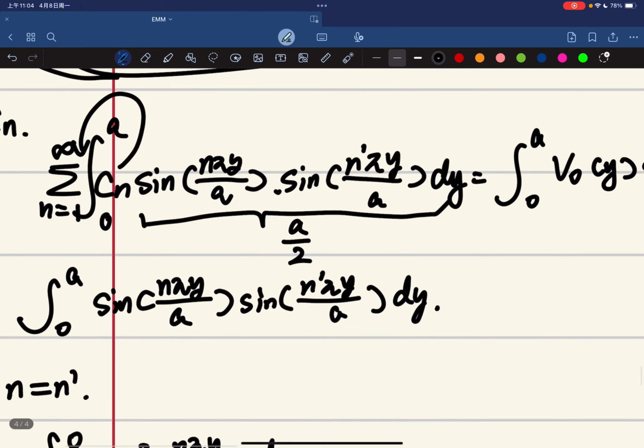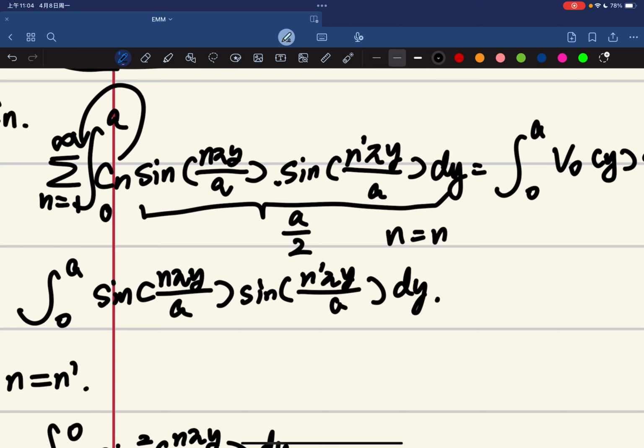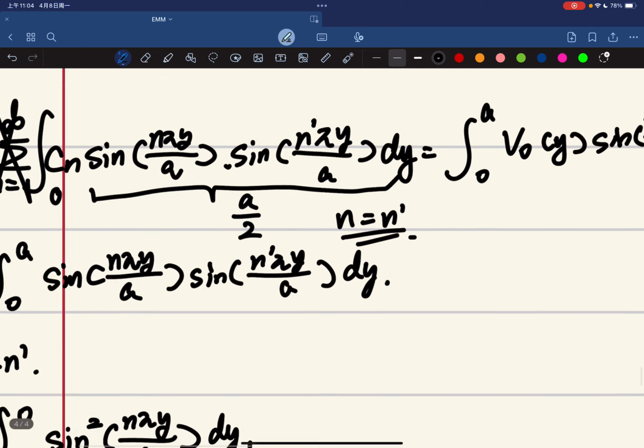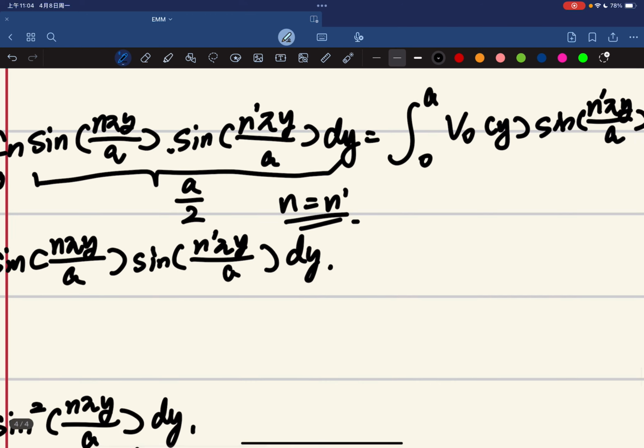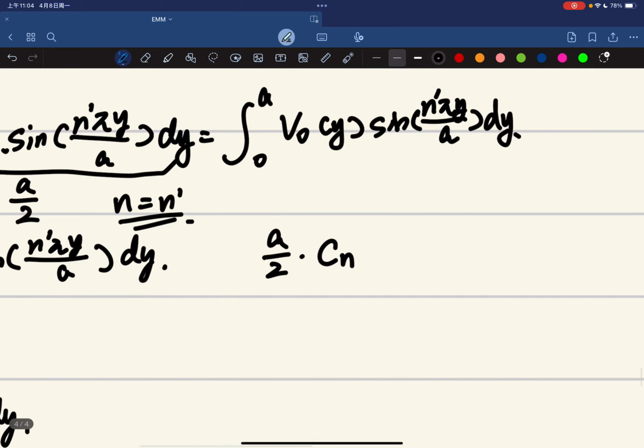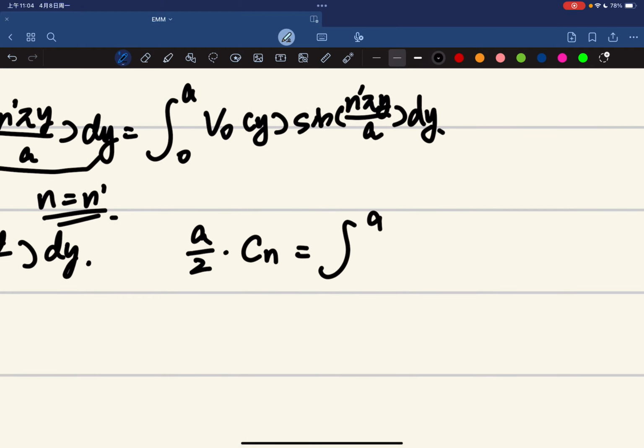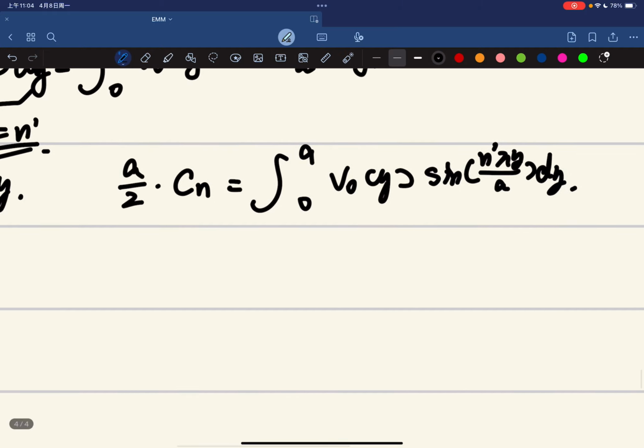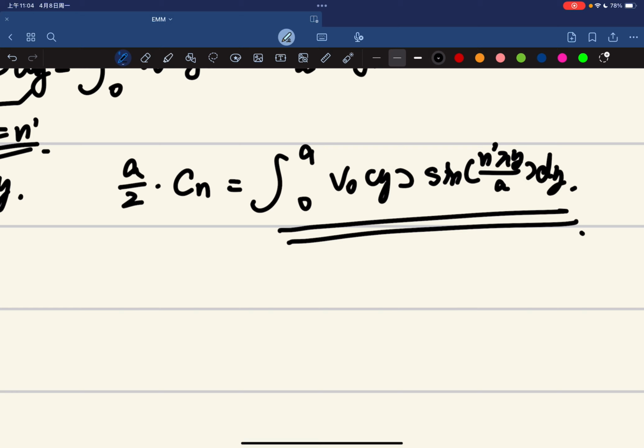Because only one case works, which is n equals n prime. So the summation just goes away. Now we have 2 over a times our Cn equal to the things on the right hand side. Again, I need to solve this integral.